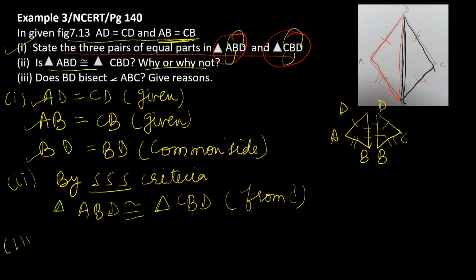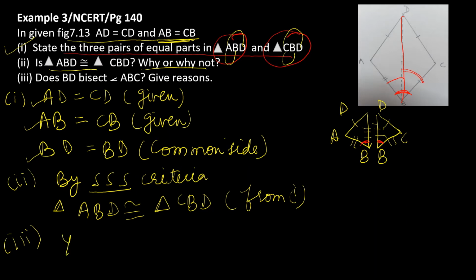Let us come to the third part. Here we have to prove BD bisects the angle ABC. Now you can see in this figure ABC, this is angle B, right? And here BD is a line which is a common line in both the triangles. And you can see here in the triangle ABD, this is angle B, and in another triangle CBD, this is angle B. Both are equal, because if the two triangles are congruent, then there are 6 elements.